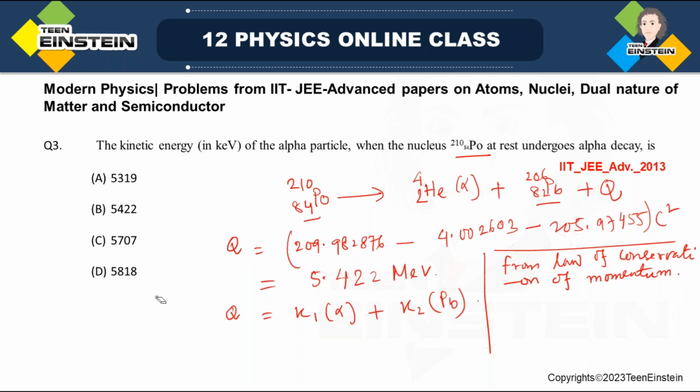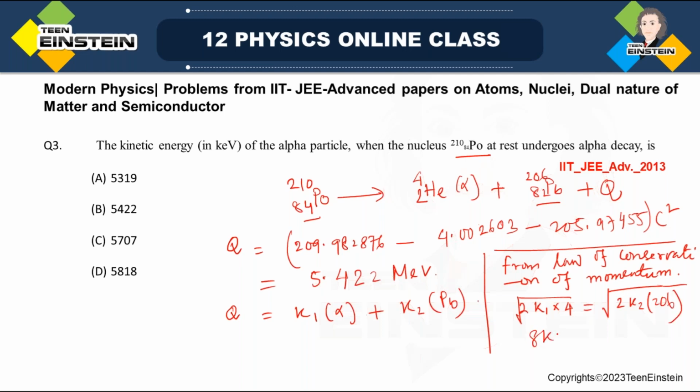Therefore, we can write from the conservation of momentum: square root of 2 into K1 into the mass of the alpha particle equals square root of 2 into K2 into 206.